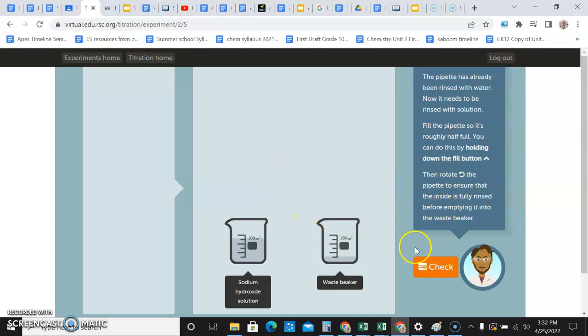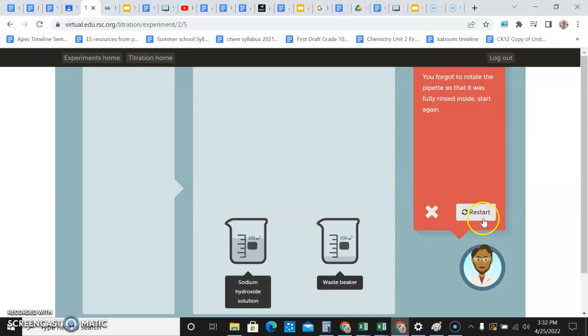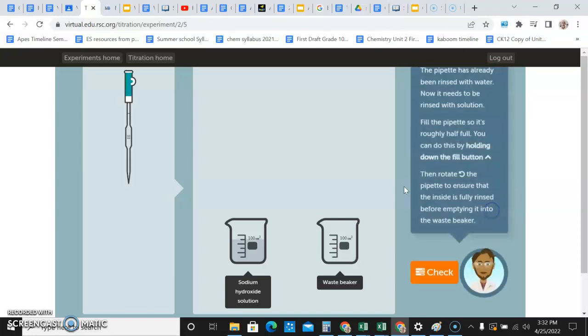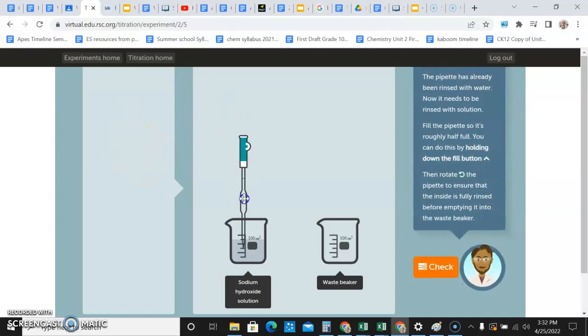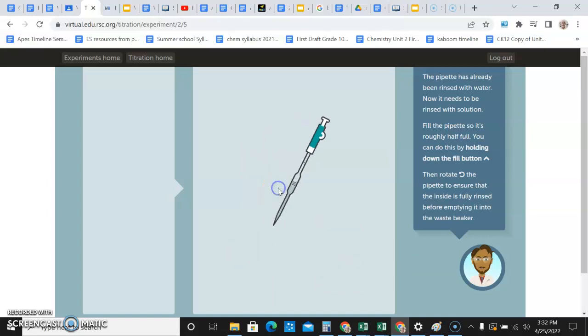It's probably going to tell us now that we're wrong, but we'll try anyway. No, you got to rotate. It didn't allow us to rotate. Let's try it again. I think maybe because I filled it up too much. Okay. Oh yeah, it's because I filled it up too much.